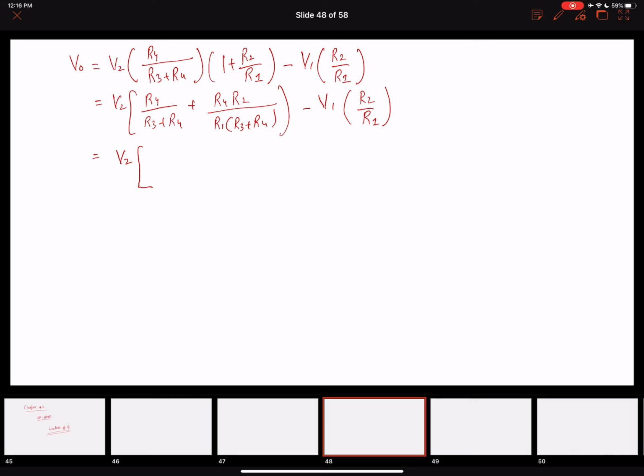I'm going to take a common R3 plus R4 in the numerator.